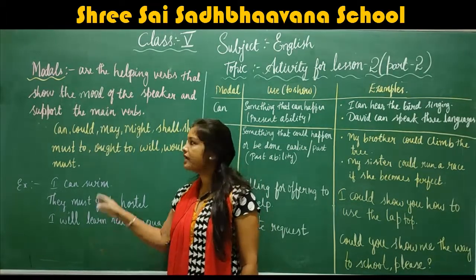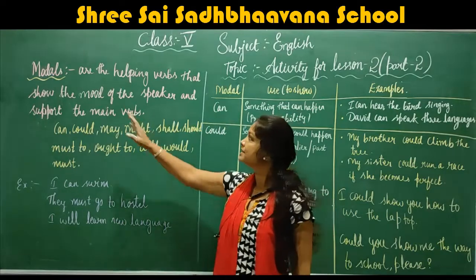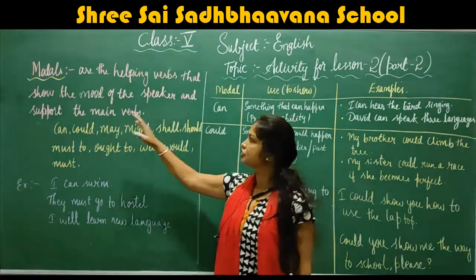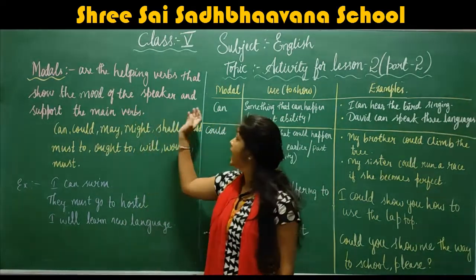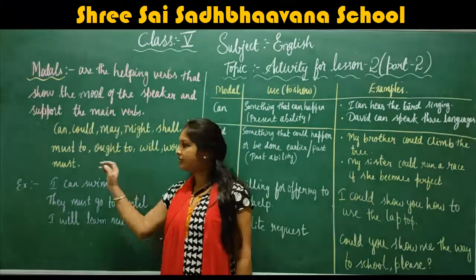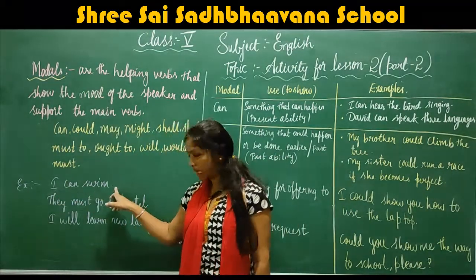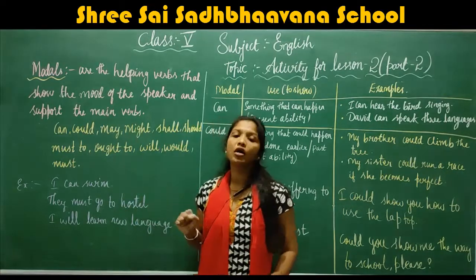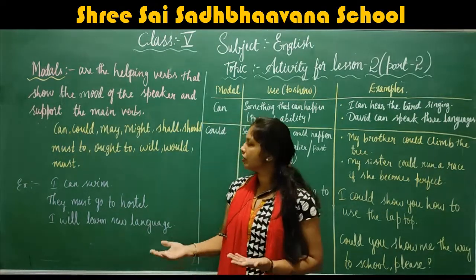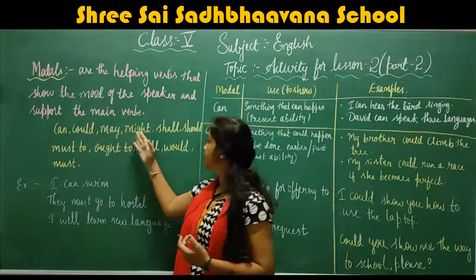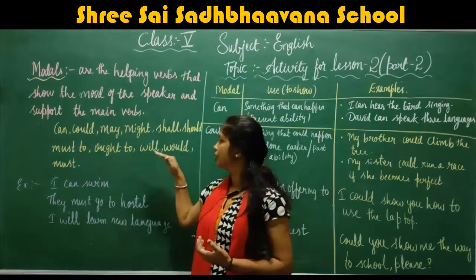Did you understand, children? Modal auxiliary verbs are helping verbs that show the mood of the speaker and support the main verb. The words which support the main verb are known as modals. There are a few modal auxiliary verbs like can, could, may, might, shall, should, must, ought to, will, would.